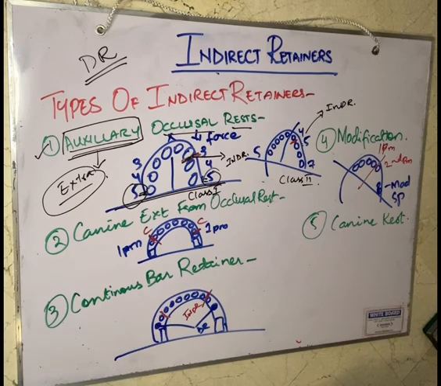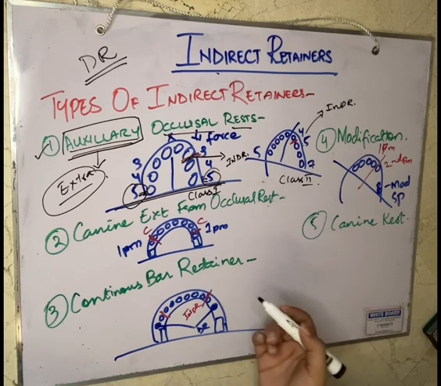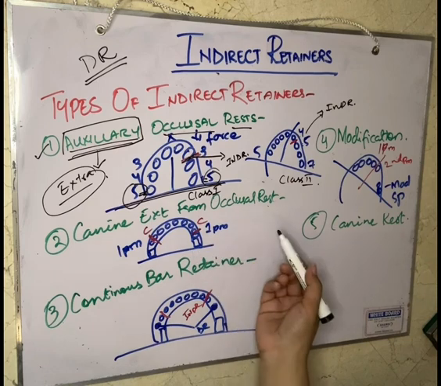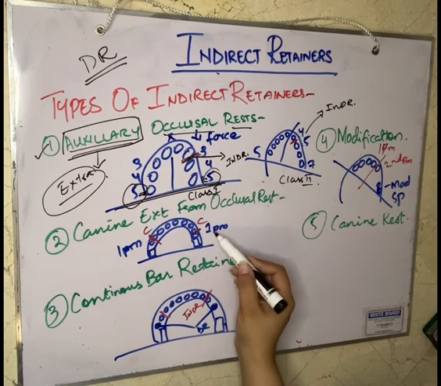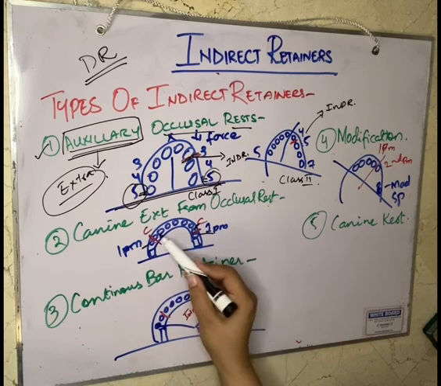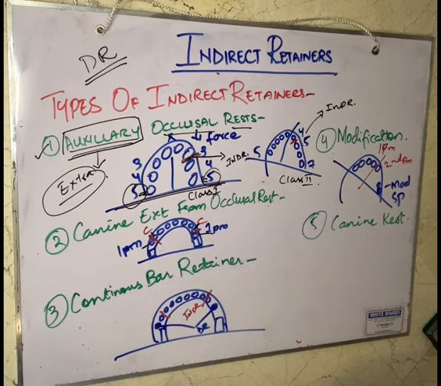After this we have the canine extension from the occlusal rest, and canines are on which the indirect retainers will be kept, and that will be connected to the major connector, right? And in this case these are the first premolars, and the canine is present over here, and we will use the canines to place the indirect retainers, and hence this will be connected to the major connector.